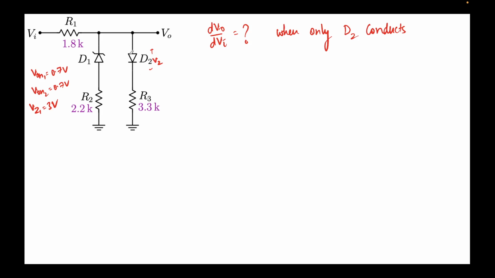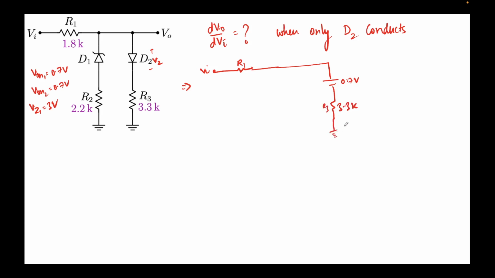I'll try to replace this leg with the model that we have of our diode. I can draw the circuit something like this. So this is R1, this is Vi. We don't know what's happening to this leg. Let's forget about this for a minute, and let's draw this. So this will be 0.7 volts, and this will be 3.3k or R3.